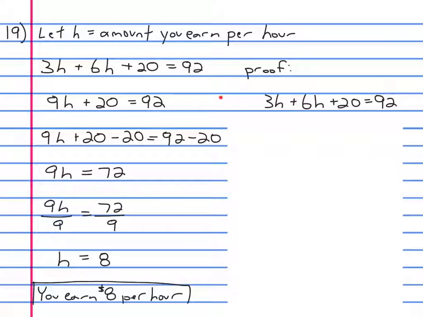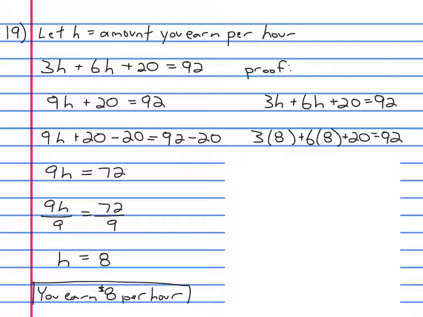We write the original equation unchanged. That's the first part of a proof. What's the next part of a proof? We rewrite the original equation unchanged, except the only change you make is that wherever there is a variable, you put parentheses and the value 8 in this case.